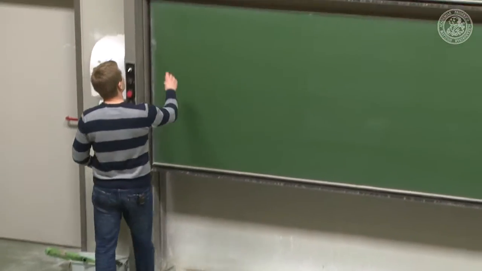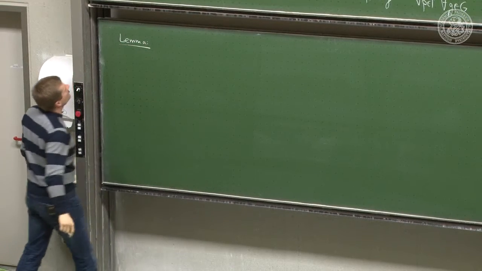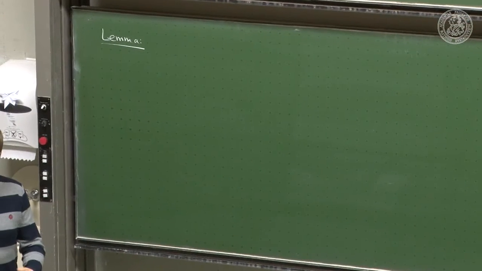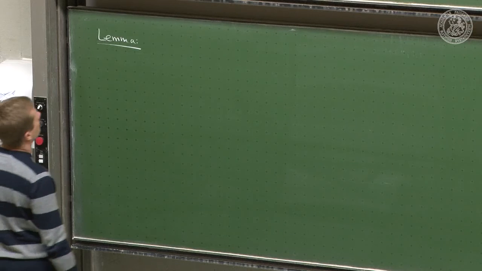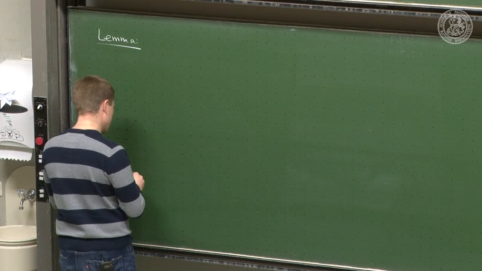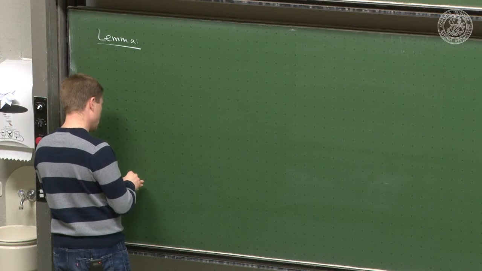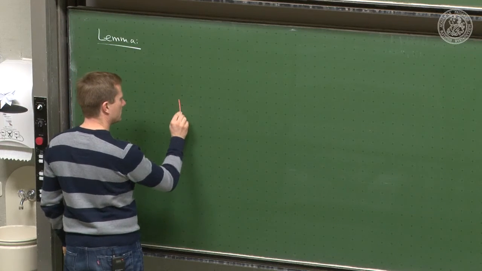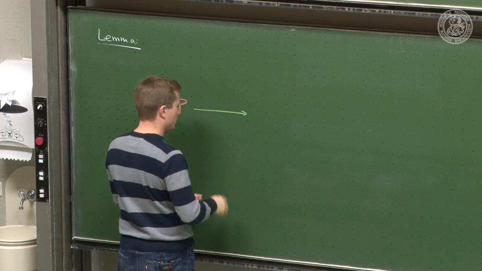So I have a little lemma. Principal bundle maps are a stronger notion than a bundle map, and this is a consequence of this stronger notion expressed in the following diagram. P to P prime.